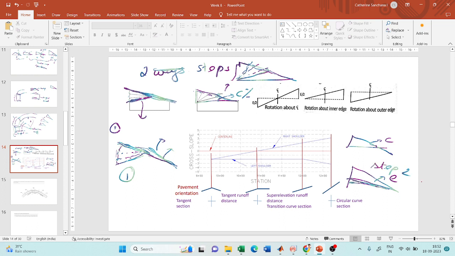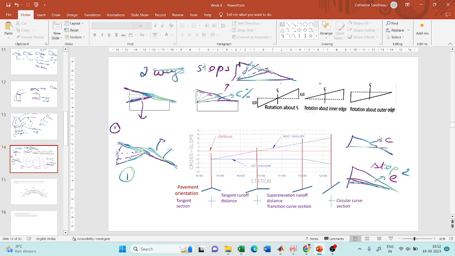So I require two steps in attaining the super elevation. One is I should remove the reverse camber and make the slope equal to that of the camber, and then from that I have to increase the slope from C to E.